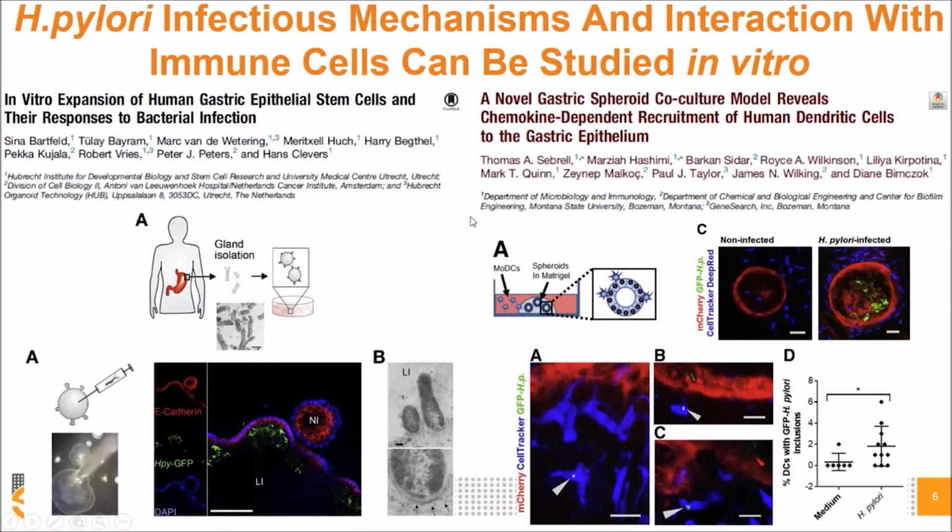In this paper, very nicely, they inoculated dendritic cells into the culture system, specifically in the medium, and they observed migration of the dendritic cells that localize mainly around the gastric organoids infected with Helicobacter pylori. And they very nicely show how dendritic cells are able to perform phagocytosis in vitro.